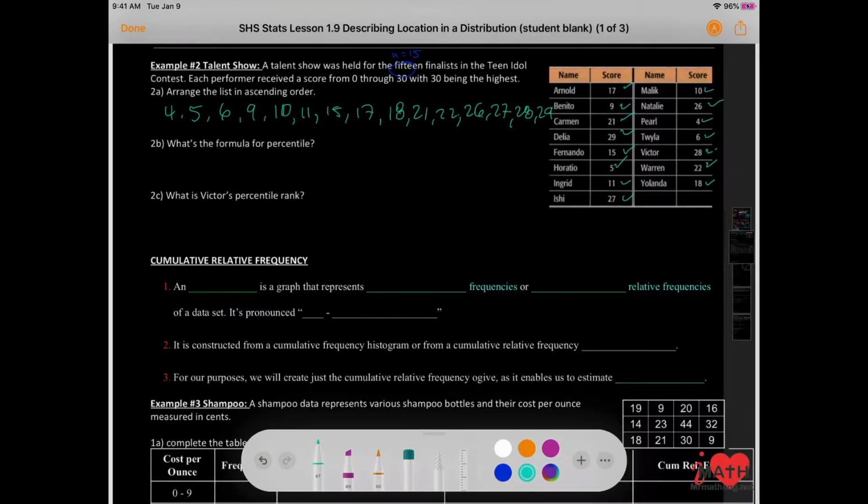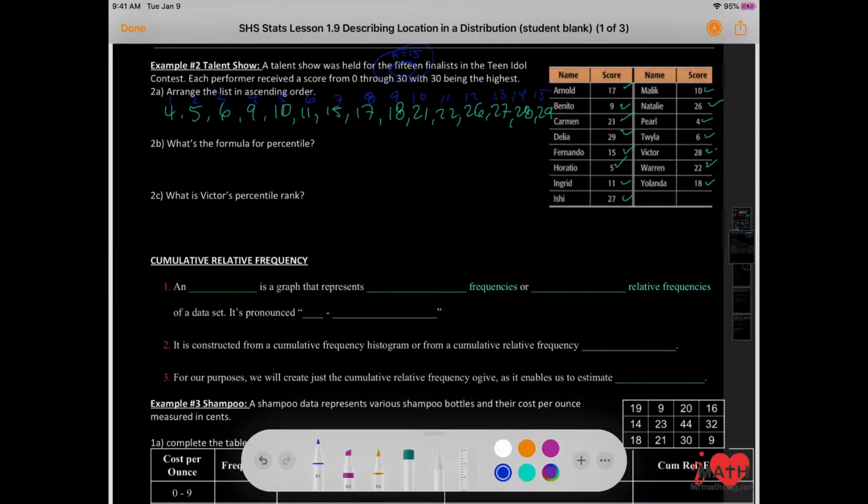Okay, and then I like to just go back and actually number these to make sure that there are 15, right? 2, 3, 4, 5, 6, 7, 8, 9, 10, 11, 12, 13, 14, 15.